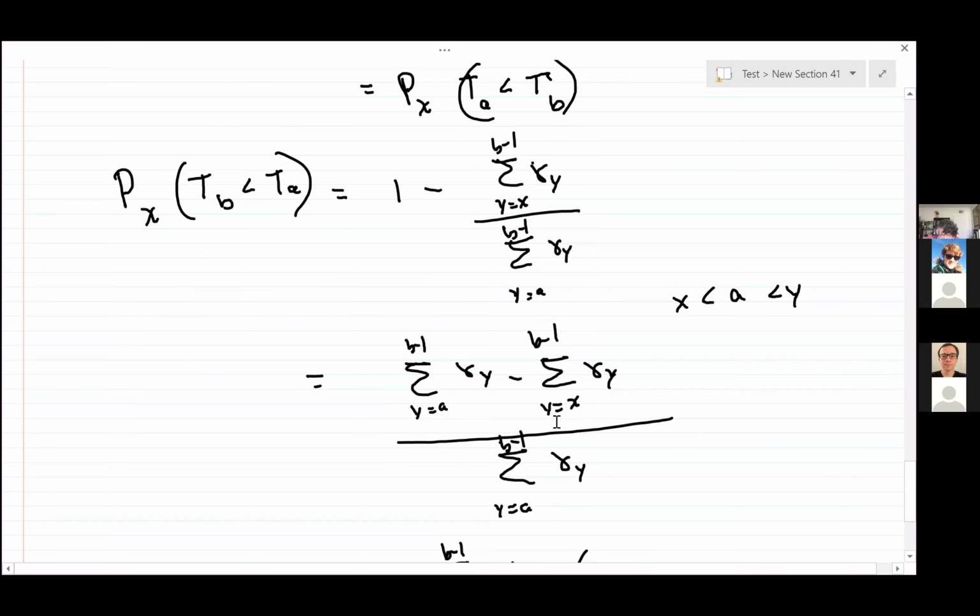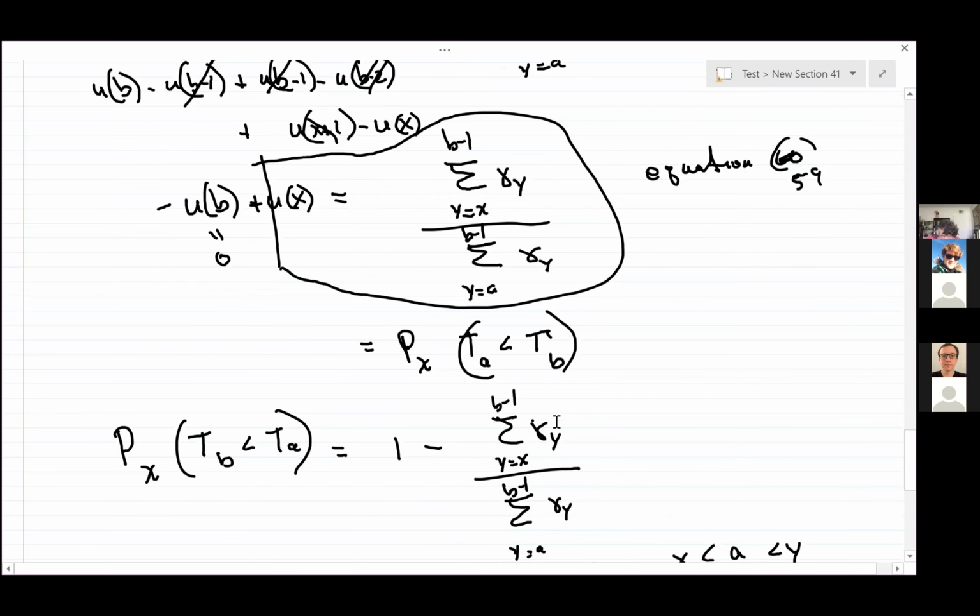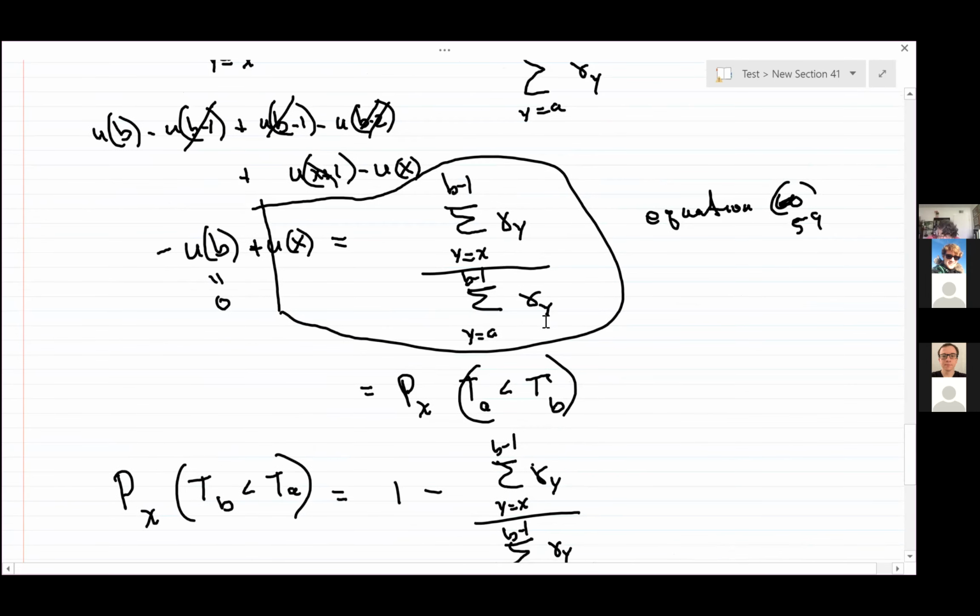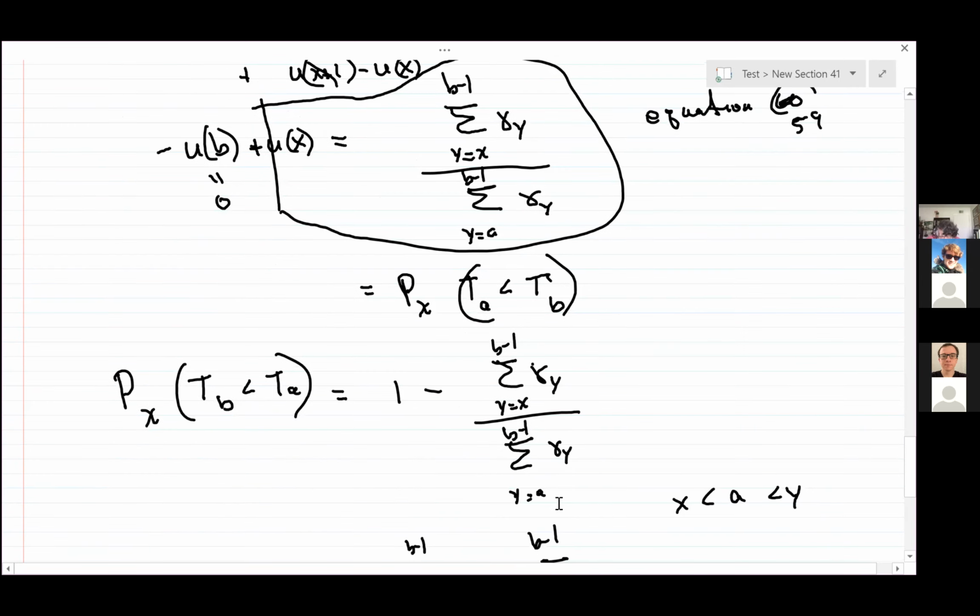But again, I'm getting plagued a little bit by minus signs. Let me see. This one we got, this is 59. Y equal X, and then we went from this to that. And we just subtract things from 1. Oh, that's what's wrong. This is not right. This is right.